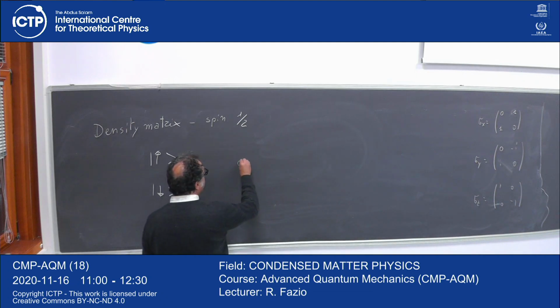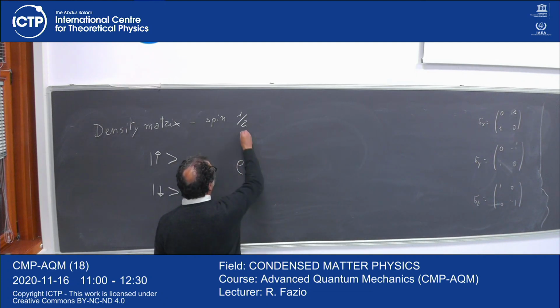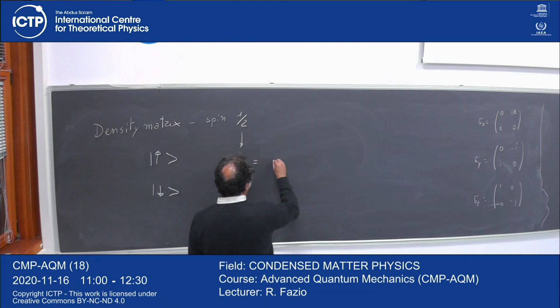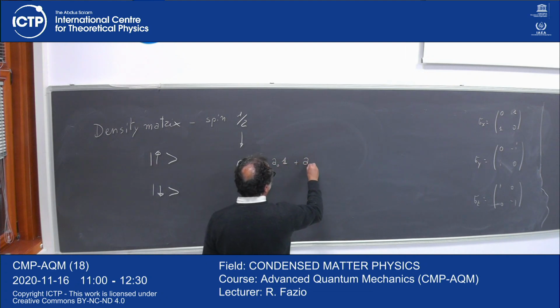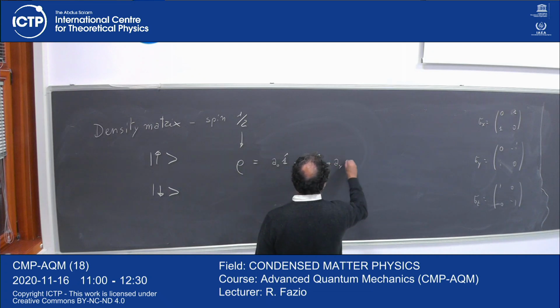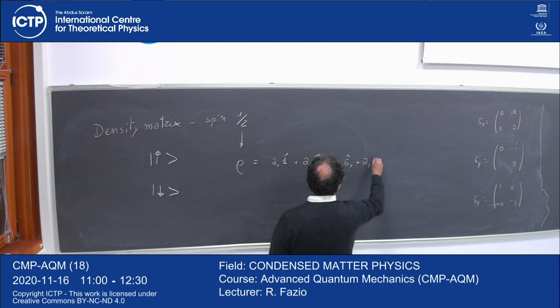This means that the density matrix for a spin 1/2 can always be written as a0 identity plus ax sigma x, where I just put the hat to say these are coefficients, plus ay sigma y plus az sigma z.